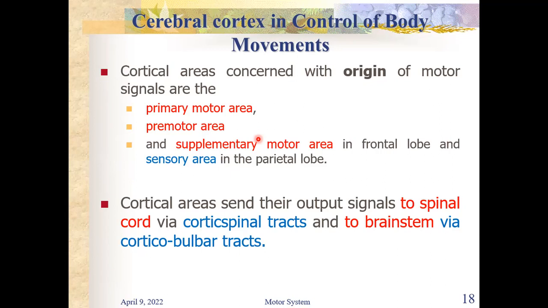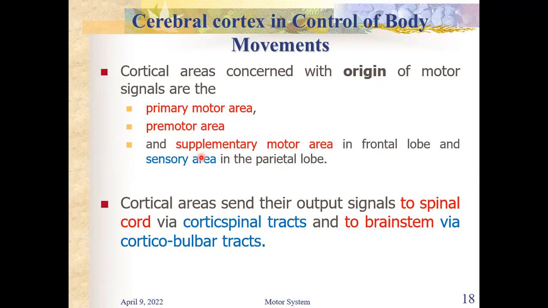After the planning, the execution and the origin of the signals will come from the primary motor area, premotor area, supplementary motor area in the frontal lobe, and the sensory area in the parietal lobe. These are the 4 areas that are involved in initiation, in where motor commands originate from.